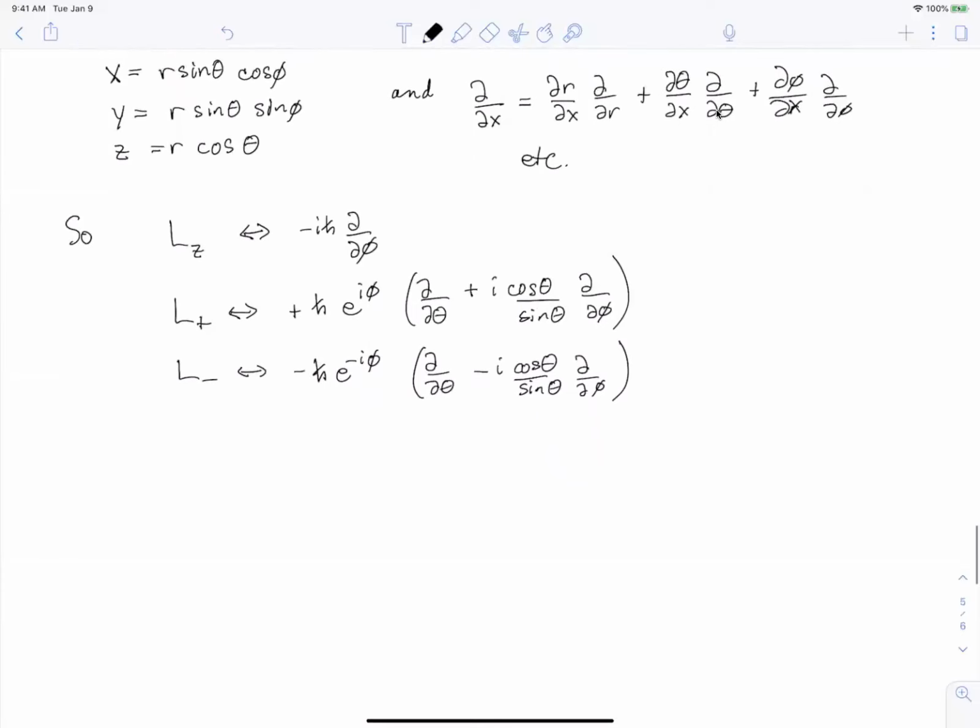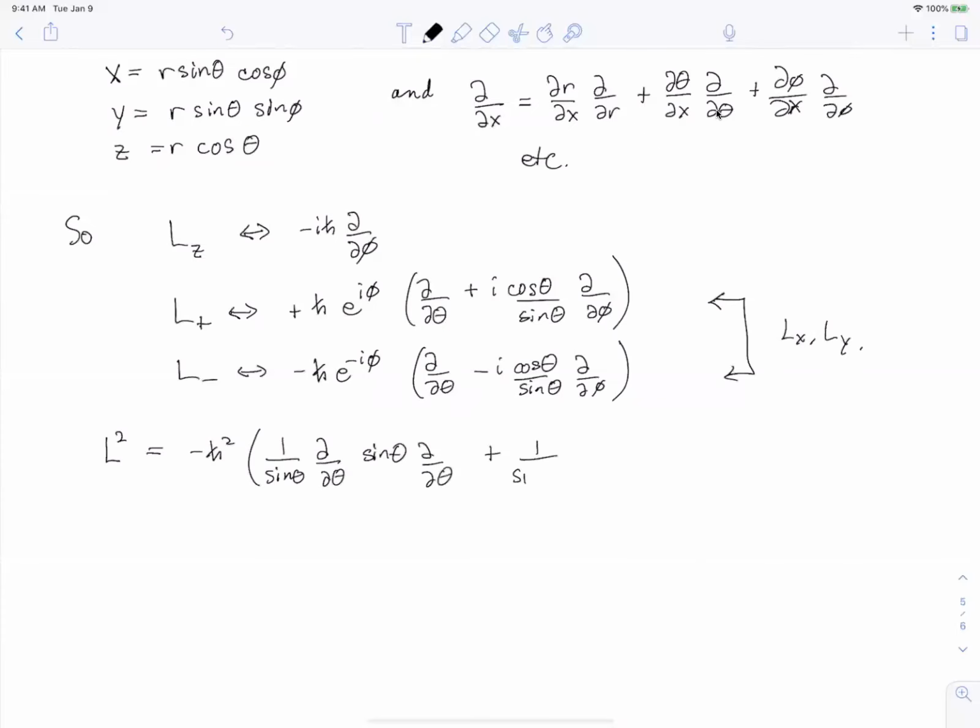Okay, so now we have Lz, L plus, and L minus, and from these, if you want, you can get Lx and Ly. But also you can put it together and get L squared. This is minus h bar squared, 1 over sine theta, partial theta, acting on sine theta, partial theta, plus 1 over sine squared theta, 2 derivatives with respect to phi.